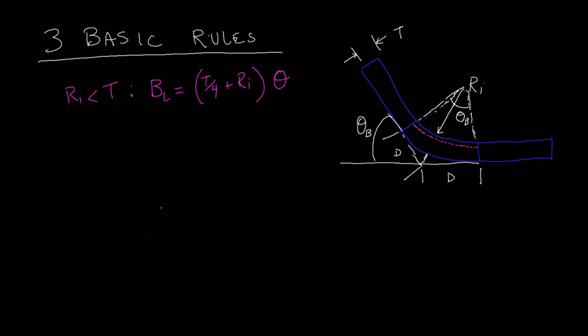Maybe I'll use orange now. So if the inside radius is greater than or equal to 1t, one thickness, or less than or equal to 2 thicknesses, BL, the bend length, is equal to T over 3 plus RI times the angle of the bend.